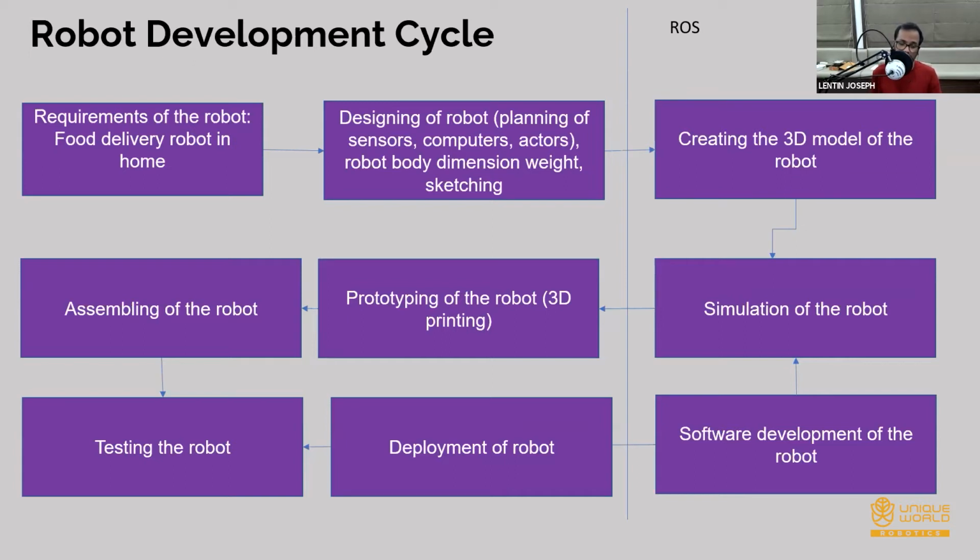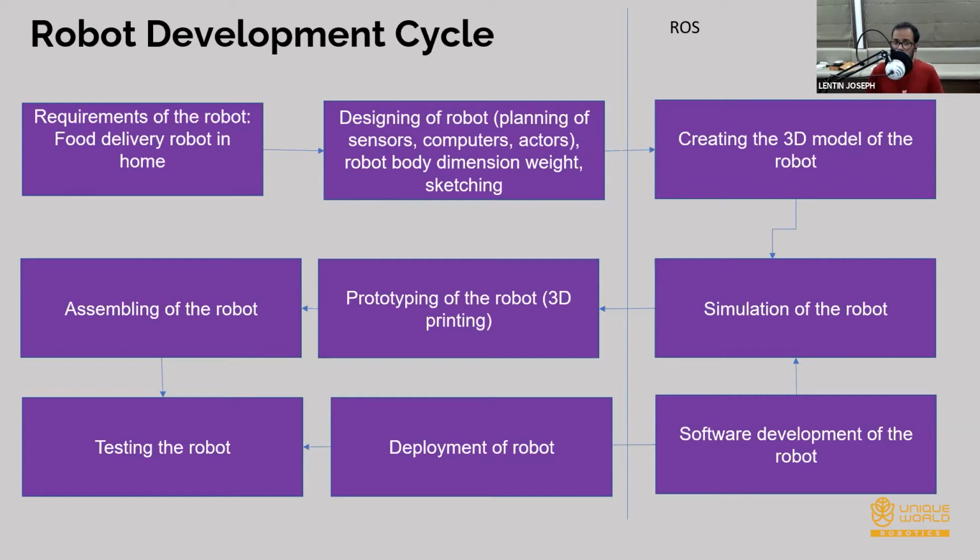Mostly when you create a robot, maybe a line follower robot, you may not follow these procedures, but these are a standard set. I didn't mention all the steps; these are all abstract blocks. I just want to show you where we are using ROS in the entire robot development cycle. That is my objective.